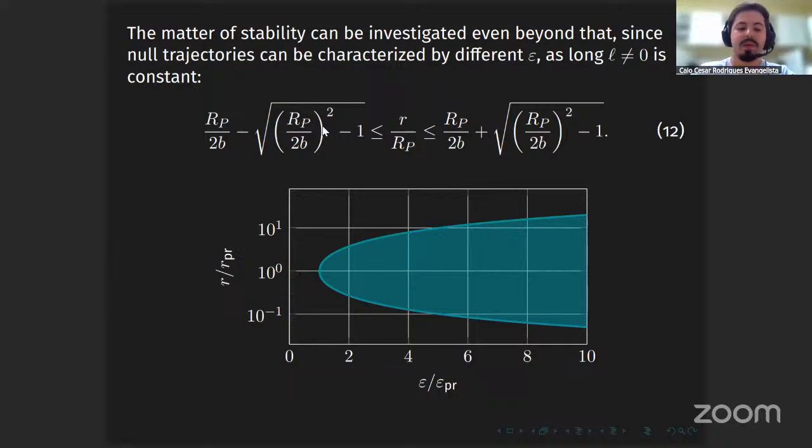And that can be seen in this graph right here, where what this graph tells us is that we have a constraint on the accessible regions of the space-time by the photons in it. So the photons cannot access the full space-time because they are constrained in their orbits. They can only access this colored region right here.